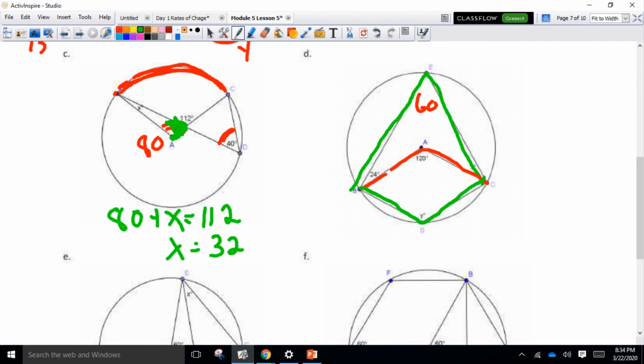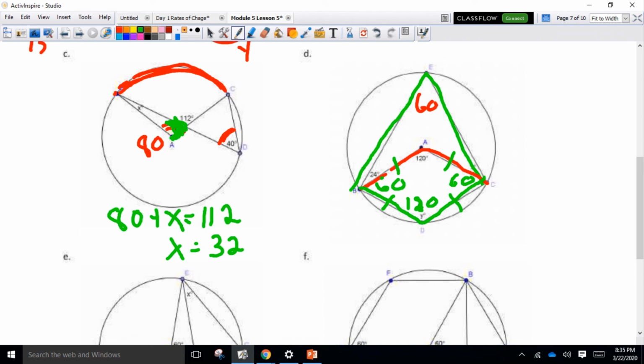So if this angle up here is 60, that one has to be 120 because they have to add to 180. All right. I know that angle is equal to that angle. That means this angle equals this angle. Those sides, I'm sorry, are all equal. So we have a rhombus. So if these are both 120, these have to both be 60.